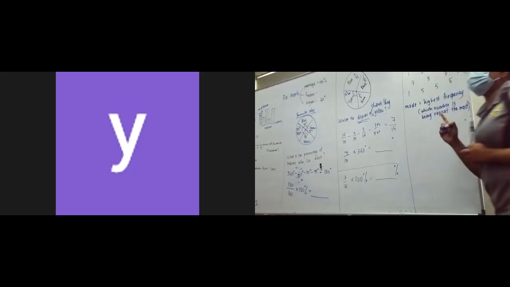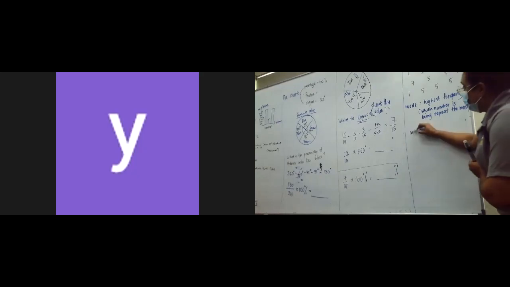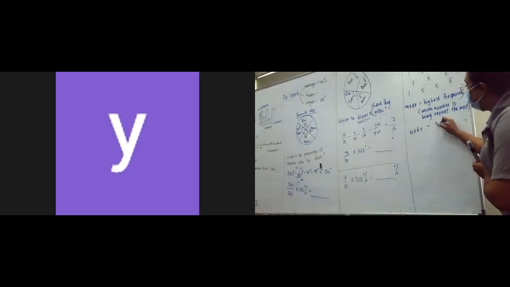In this group of data, which number is being repeated the most? Although number 7 is the highest number, we don't take that as mode. We take the number where the frequency is the highest, meaning the number being repeated the most. So the mode will be 5.